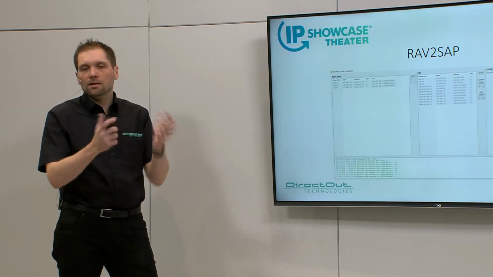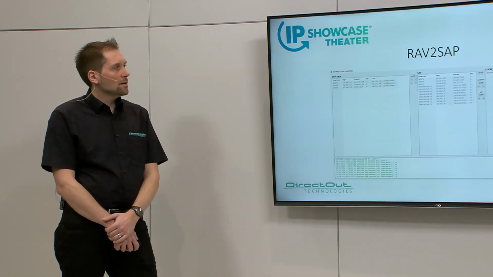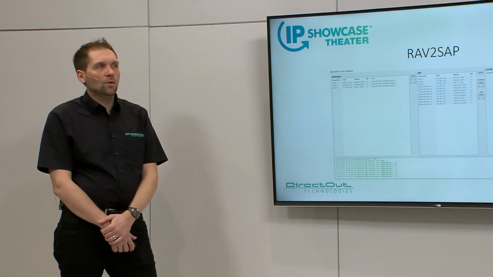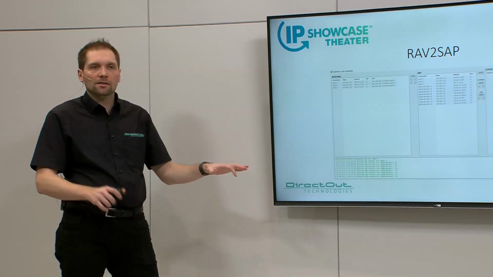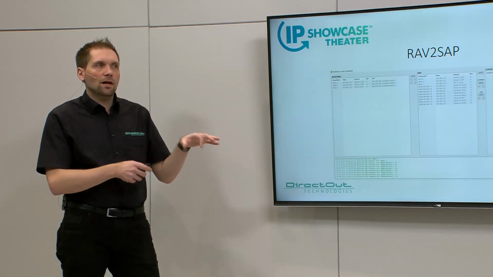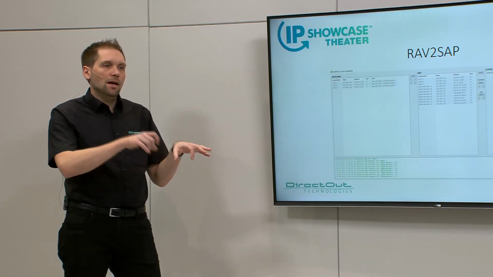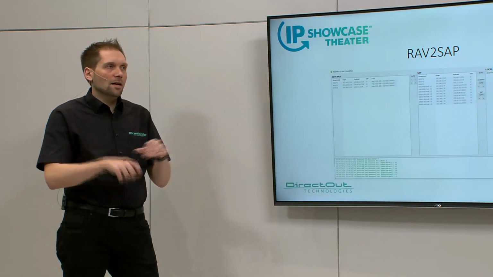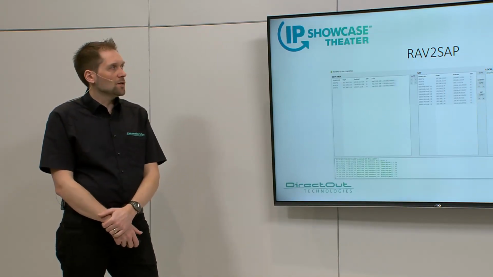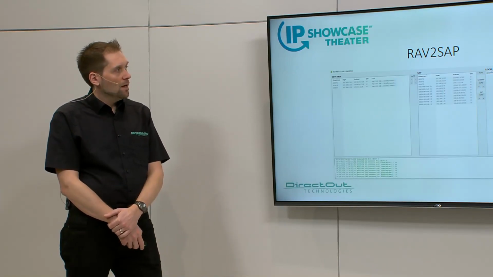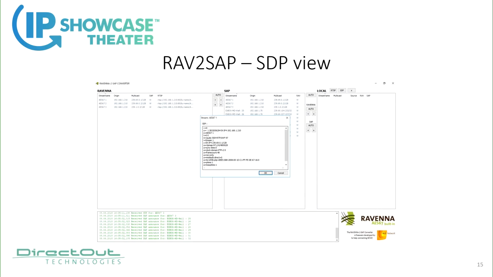So it's just transferred, and by that allows, for instance, to bridge Ravenna devices, the streams that are announced on a Ravenna system, and bridge that to Dante devices that can then read the sub-announcement and allow to connect to the AES67 stream. You can also show the SDP file with this tool.